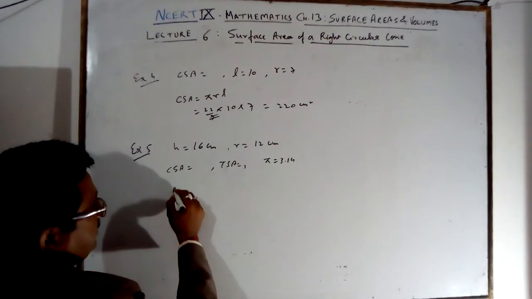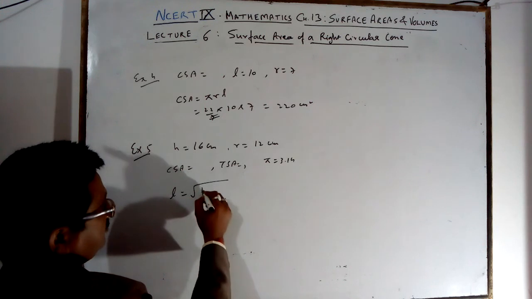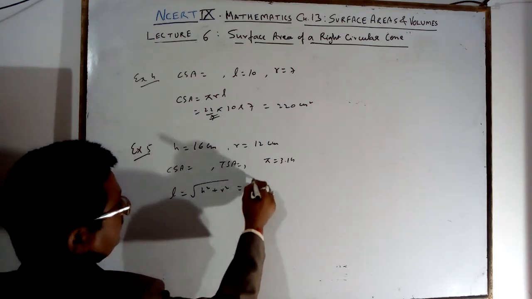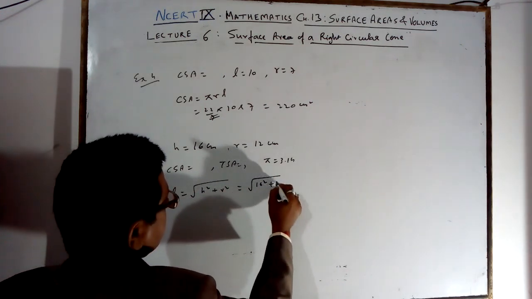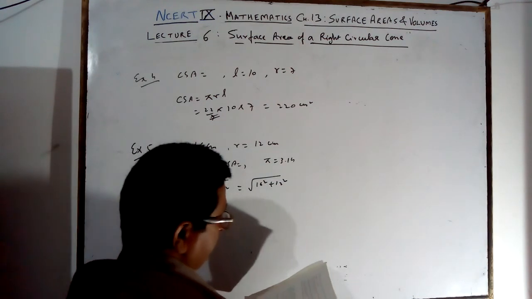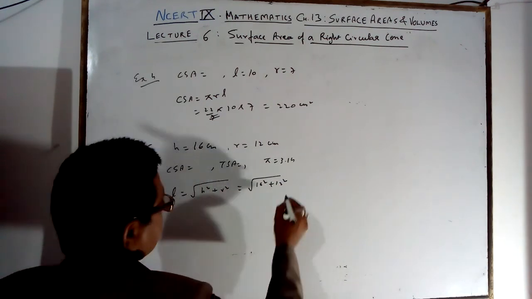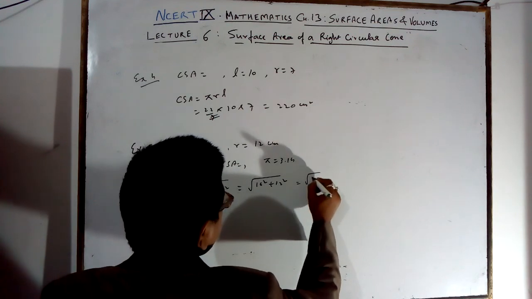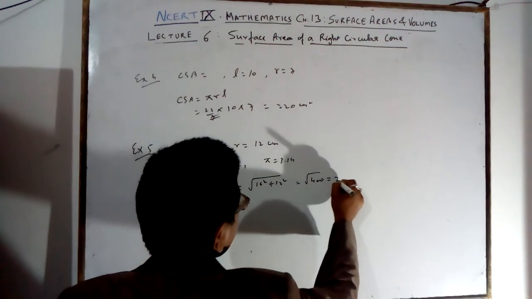L you find out, h square plus r square. What will you get? 16 square plus 12 square. That will be 400, and the square root of 400 gives you 20.